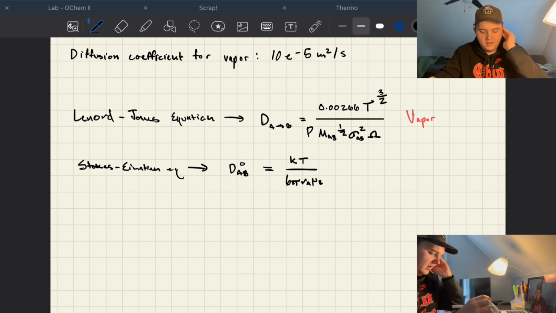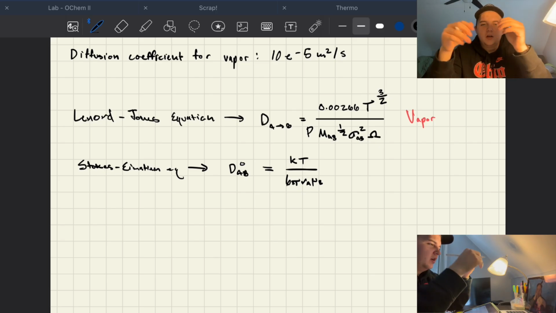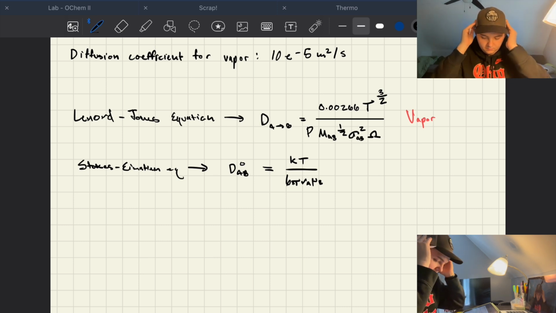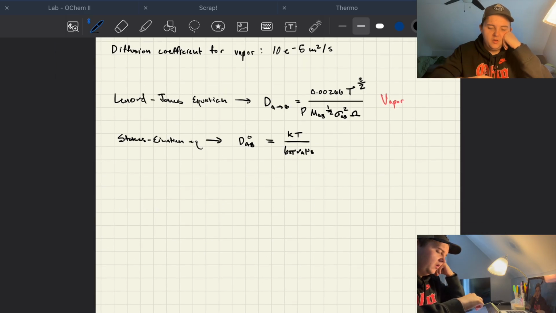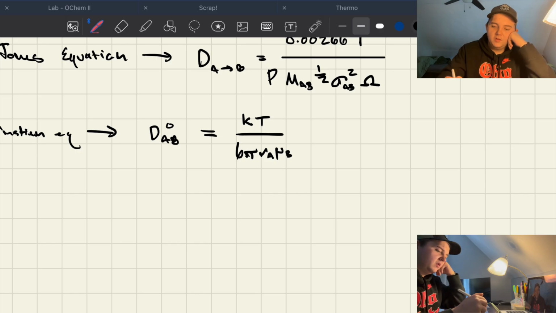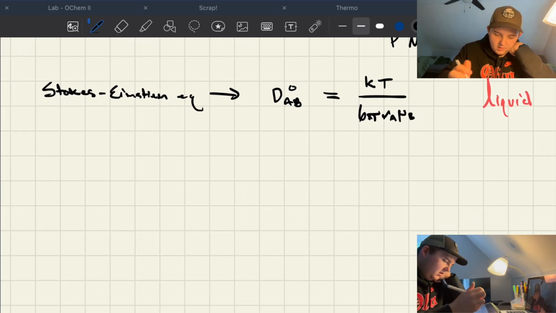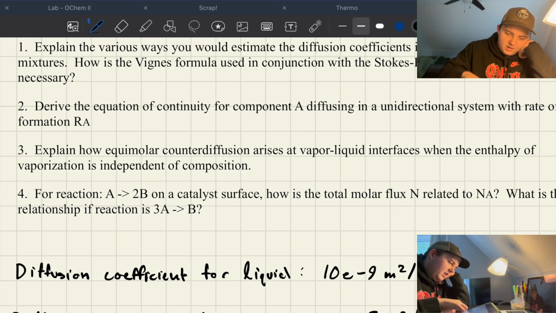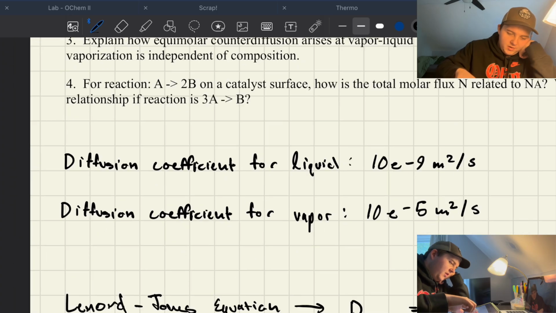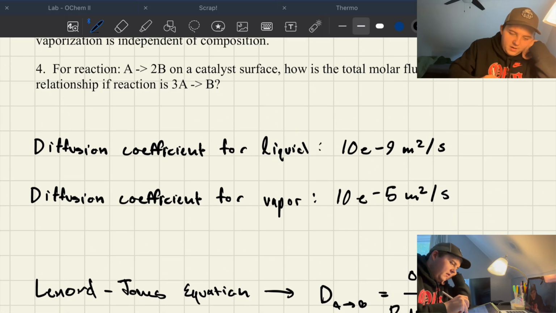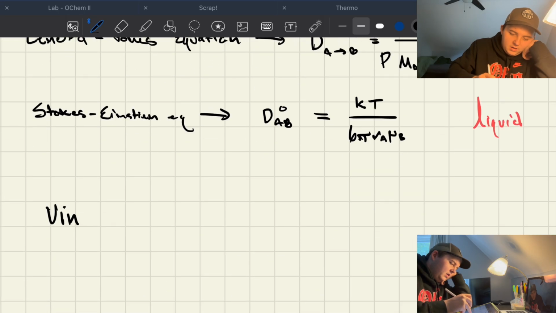Okay, cool. And then these two can be worked in different ways to get our diffusion coefficients, for liquid over here. They can also be used in the Vignes formula, I think that's how you pronounce it.